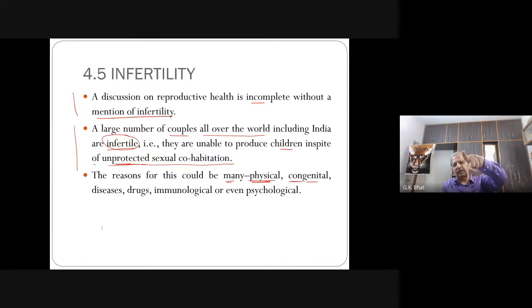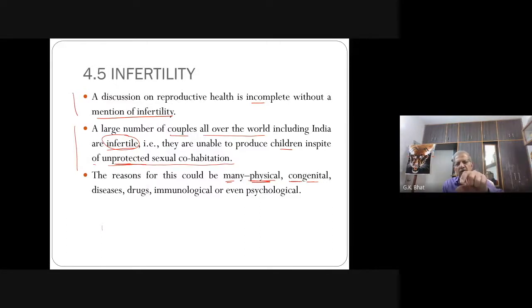He should get straightened and become rod-like. In many men, it will not get raised at all. It will not become solid or rod-like. Or even if it gets raised, it will not be solid enough to be introduced into the vagina.